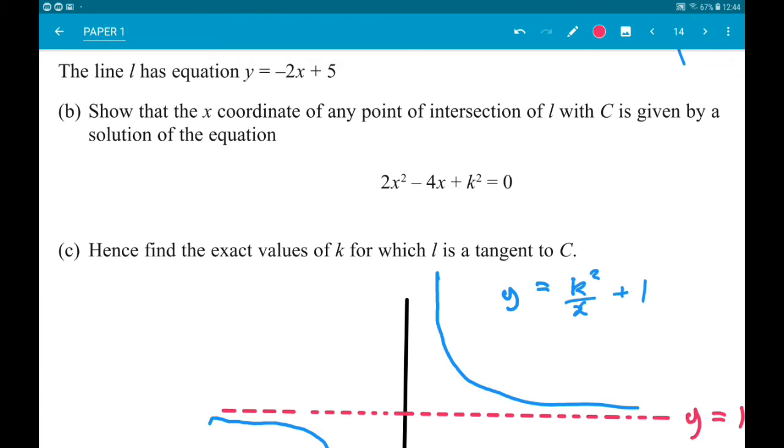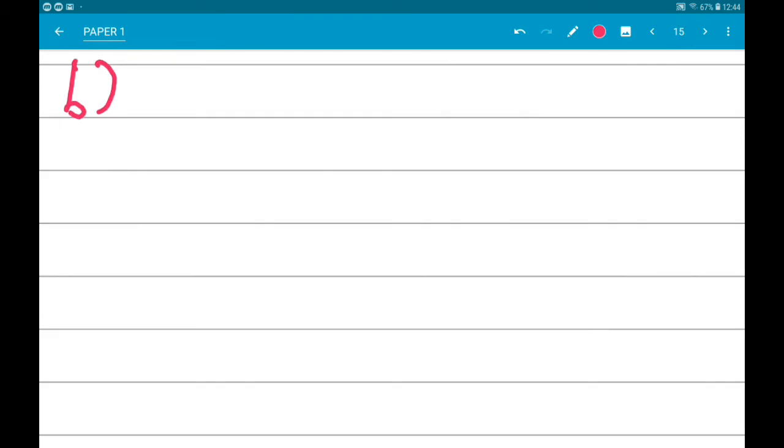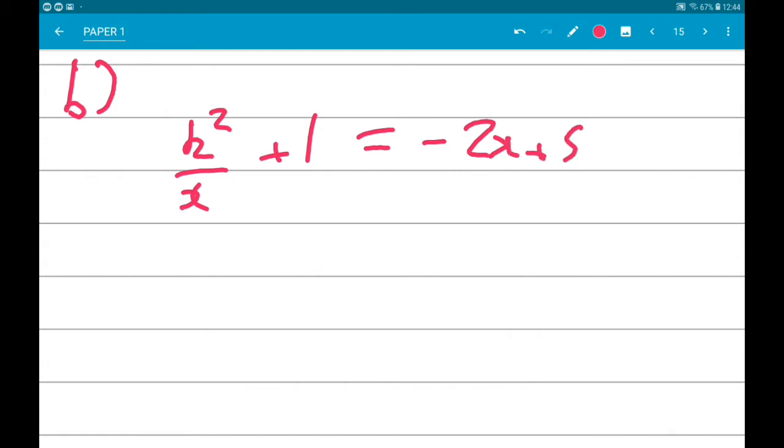So, at intersection points, we know k squared over x add 1 is equal to minus 2x add 5. Multiply through by x, we get k squared add x is minus 2x squared add 5x.